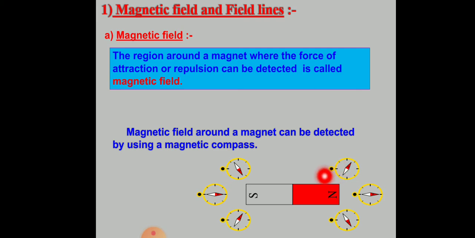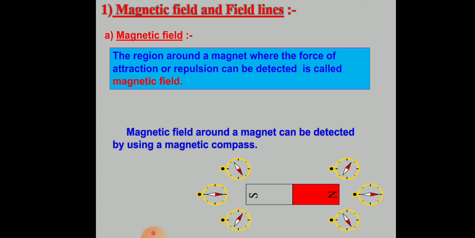So we know that like poles repel, unlike poles attract. This is a north pole, and on the magnetic compass the south pole you can see is all white, but on this side you can see it is a south pole where the red mark is the north pole. So unlike poles attract, where the south pole of the magnetic compass is deflected away from the south pole.